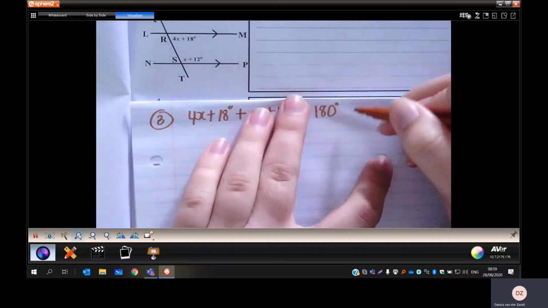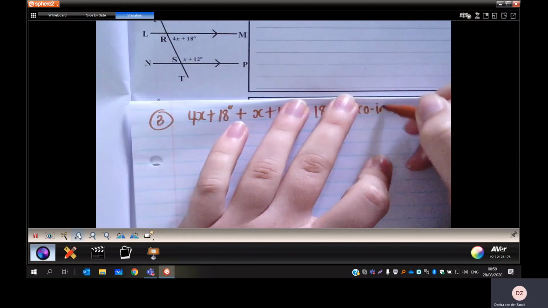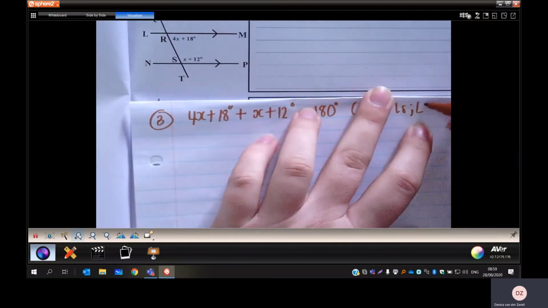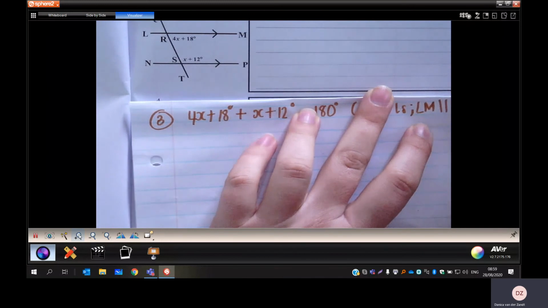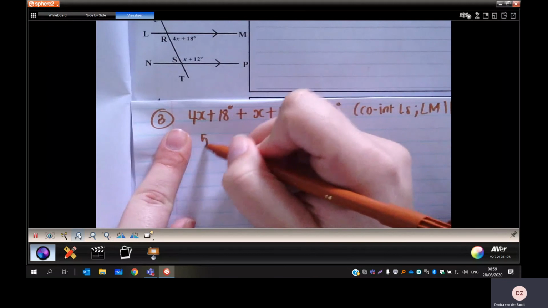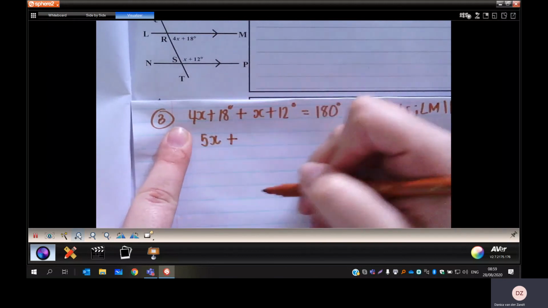And my reason? And which lines are parallel? NP. Fantastic. So I have 4x plus x, 18 plus 12.